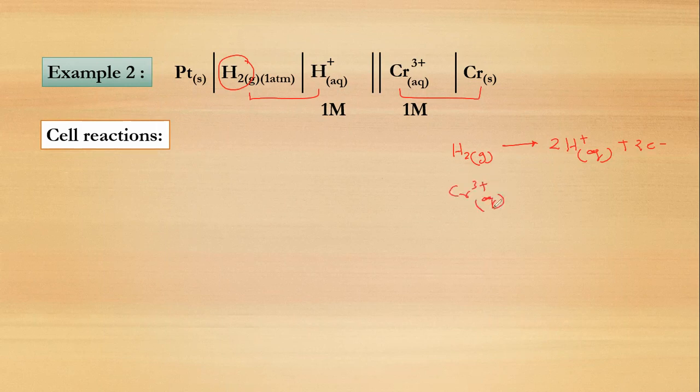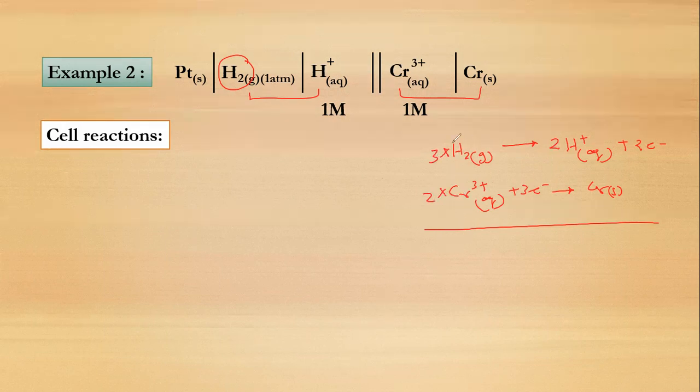Cr3+ aqueous will gain 3 electrons to convert to Cr. But when we add these two half equations, our electrons are not balanced. So for balancing the electrons, this will be multiplied by 3 and this will be multiplied by 2. So what will we get here?